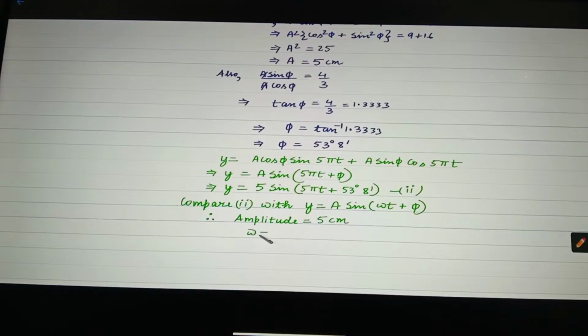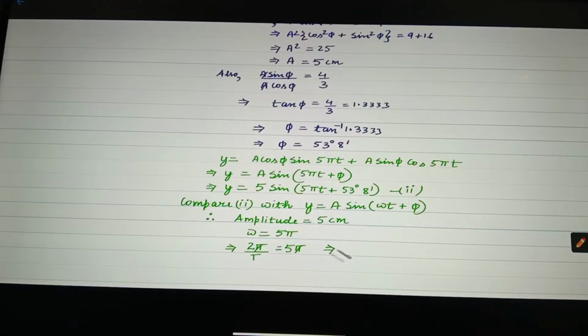And omega is equal to 5 pi. This implies omega is given by 2 pi by capital T, so that is equal to 5 pi. Pi and pi get cancelled.